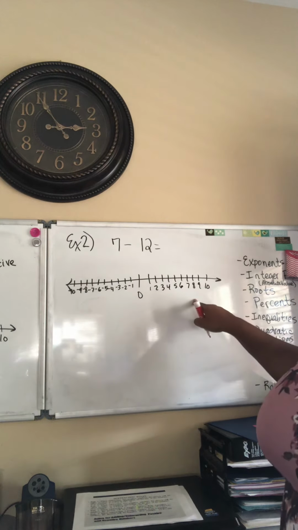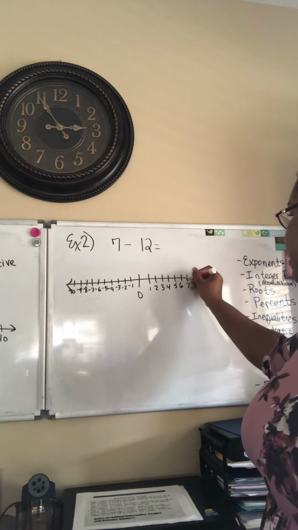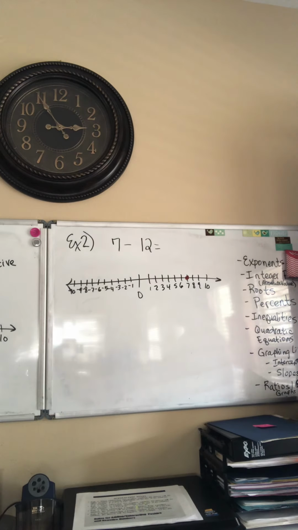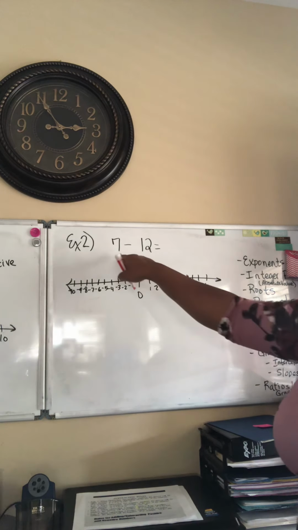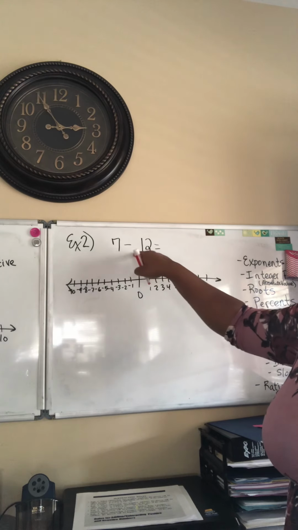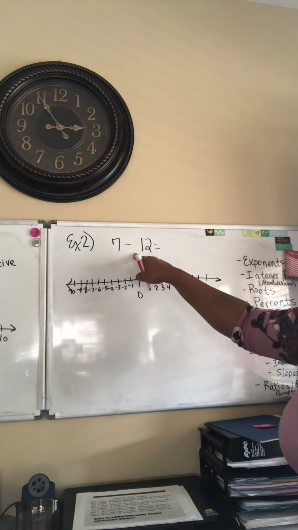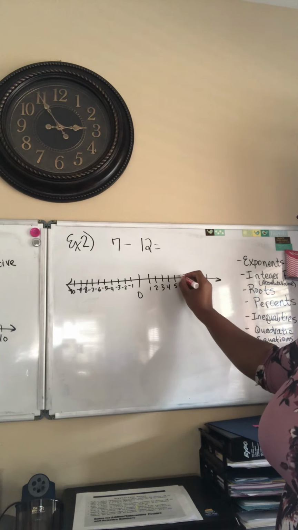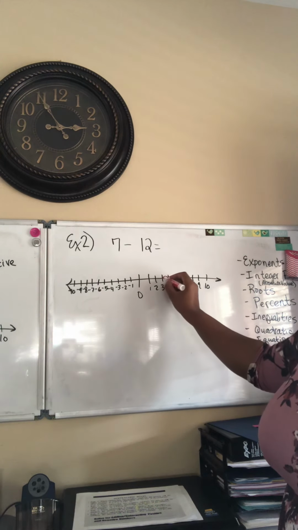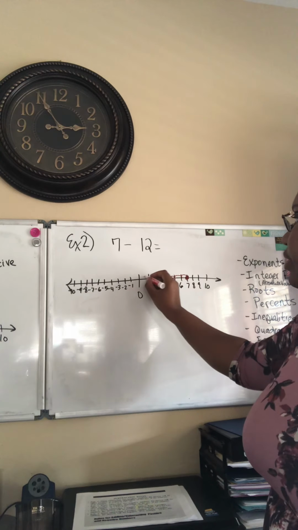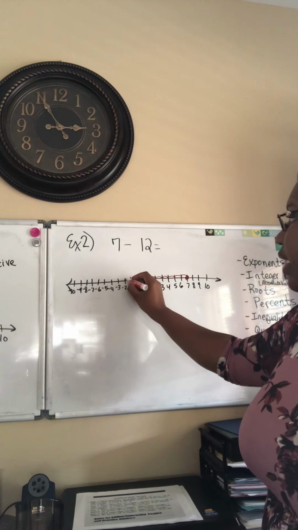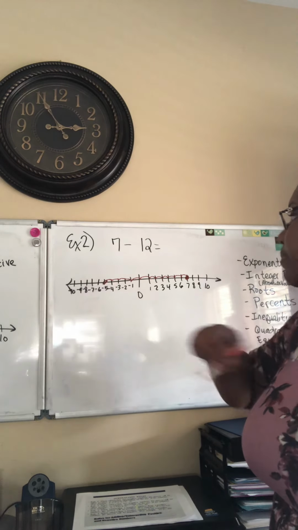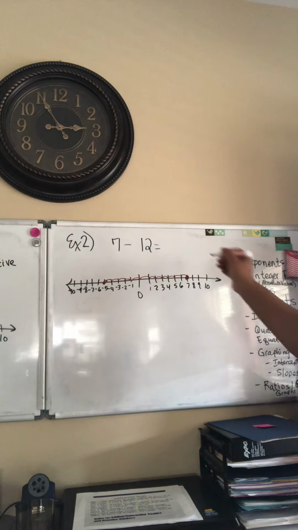So I have a positive 7 as my starting place. And we need to move 12 in the negative direction. So, let's make our hops. 1, 2, 3, 4, 5, 6, 7, 8, 9, 10, 11, 12, which hops us off at the -5.